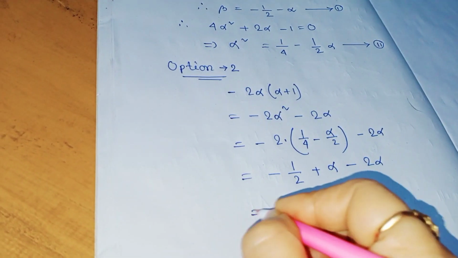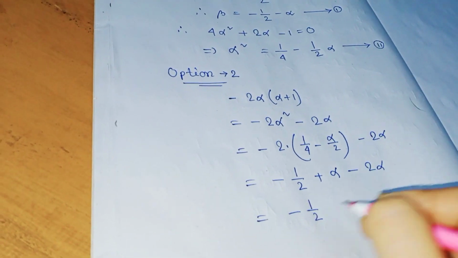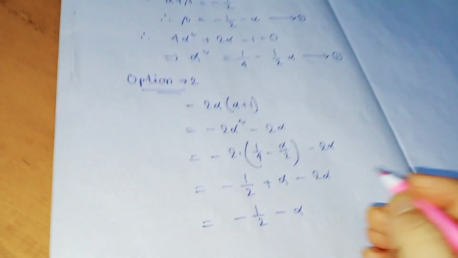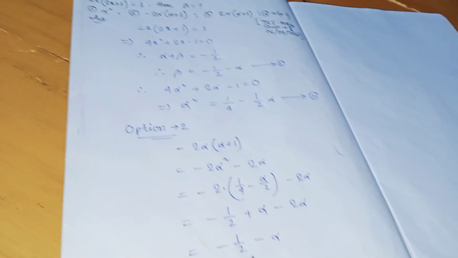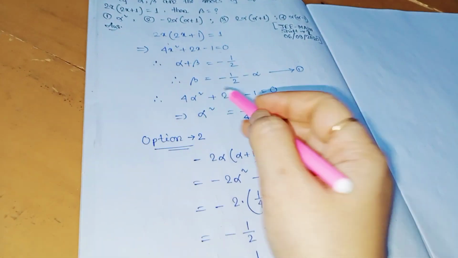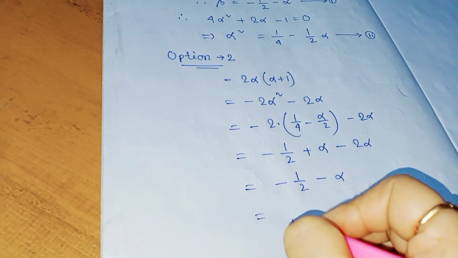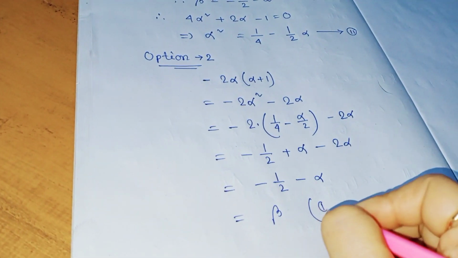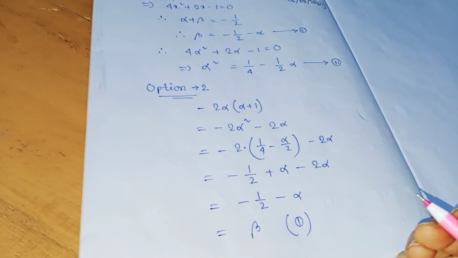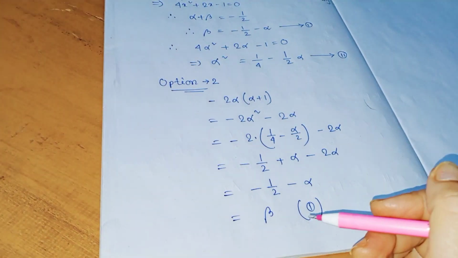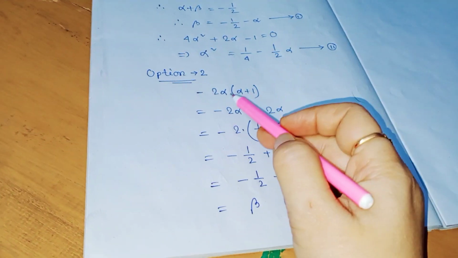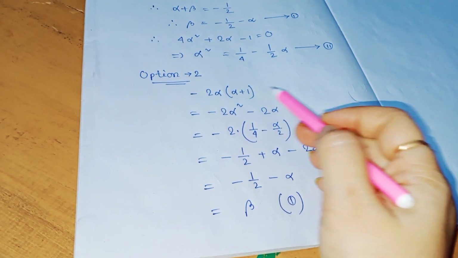So here we get minus half minus alpha, and we know this is the value of beta from equation 1. So we finally reached the value of beta: minus 2 alpha into alpha plus 1 gives beta.